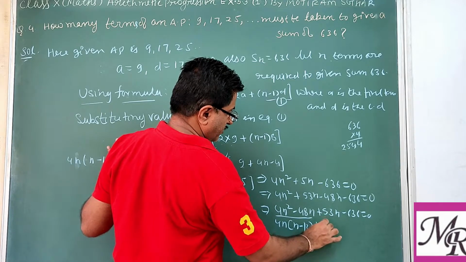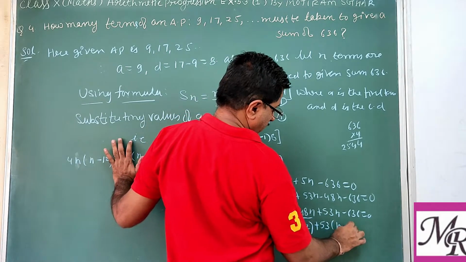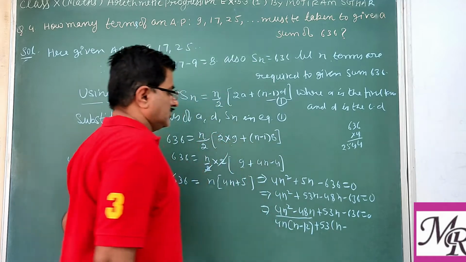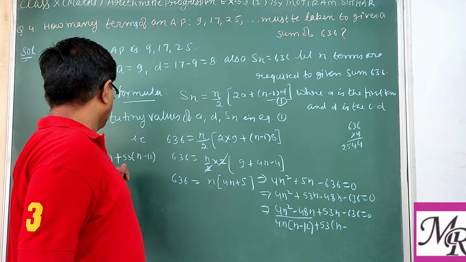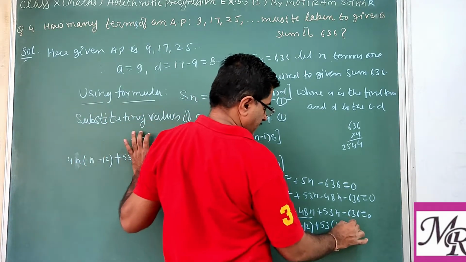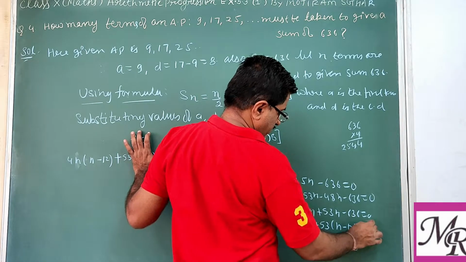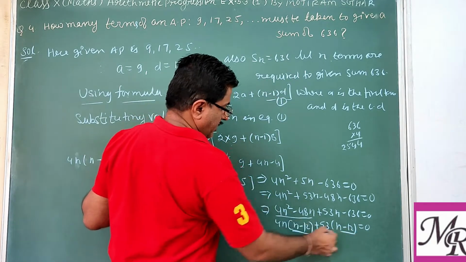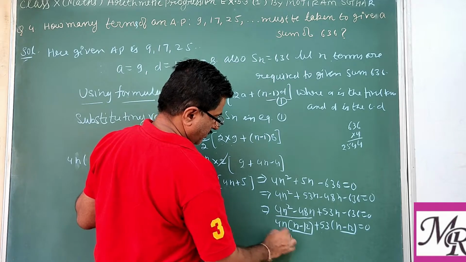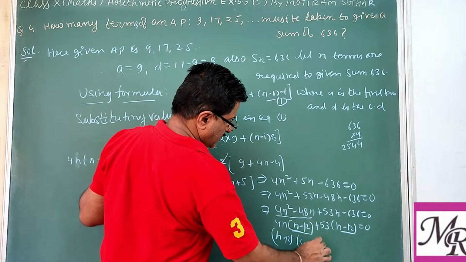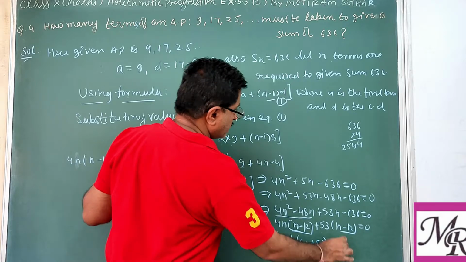Here we take 53 common, then this is n minus 12, because if you divide 636 by 53, it will be 12, equal to 0. Now the factor n minus 12 we take common again. So 4n plus 53 equal to 0.